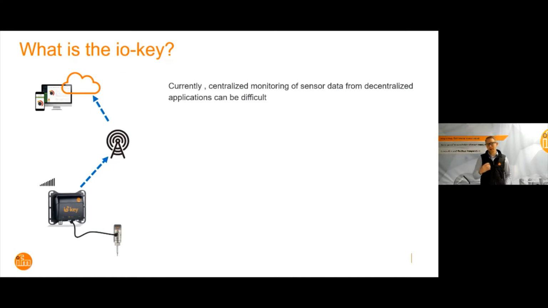One thing that we always have to look at before we feature a product is the current situation in the market and what the problem is with current IoT or remote cloud solutions these days. Centralized monitoring of sensor data from decentralized remote applications can actually be quite difficult, and there are a few reasons why. The first one is maybe high initial investment costs. Equipment is quite expensive.